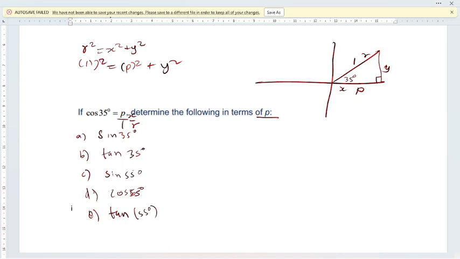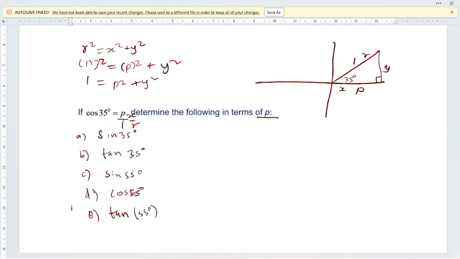1 squared equals p squared plus y squared. What is 1 squared? Equals p squared plus y squared.